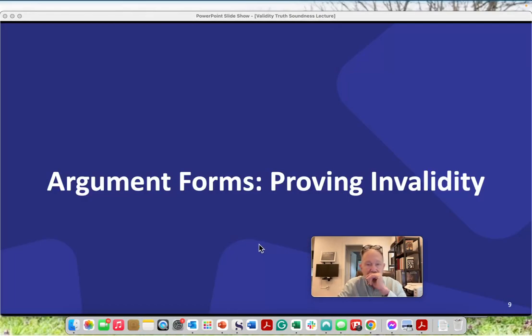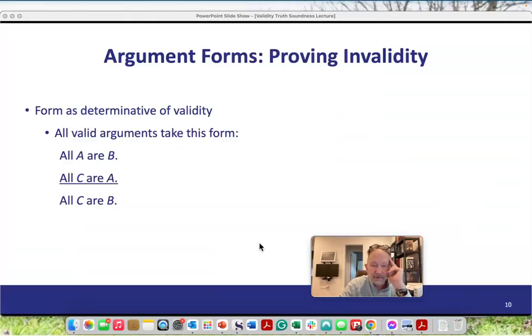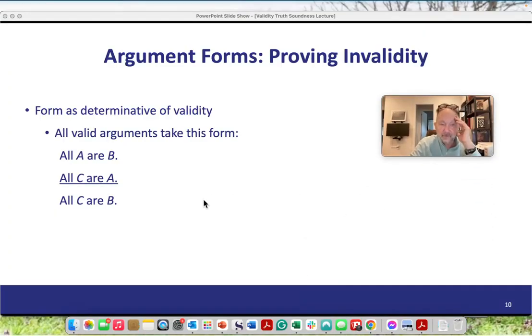All right. So how do you prove invalidity? Well, there are a lot of ways, but like I said before, the best way to do it, you should take your arguments and try to diagram them in this way. So: A or B, C or A, C or B. See, right here, there's a diagonal between the two.